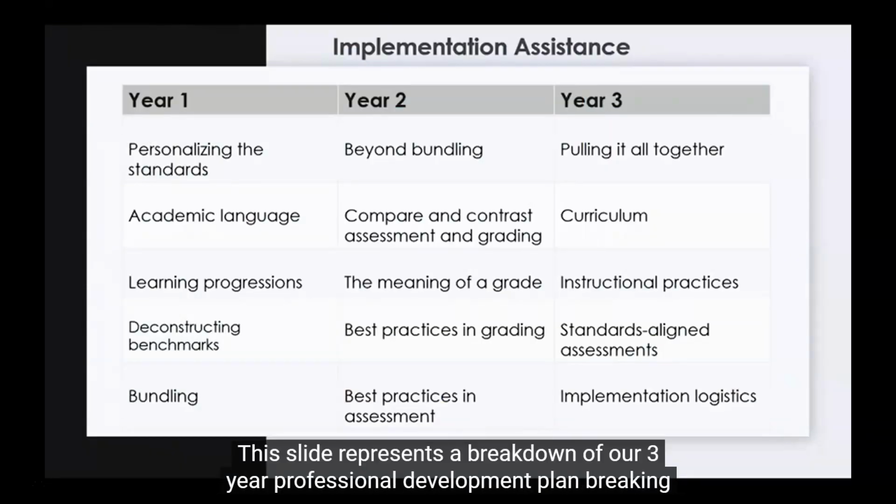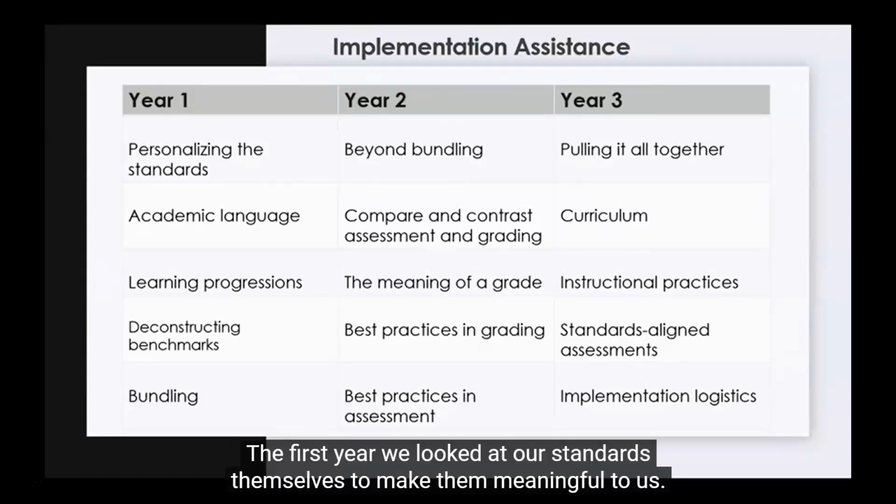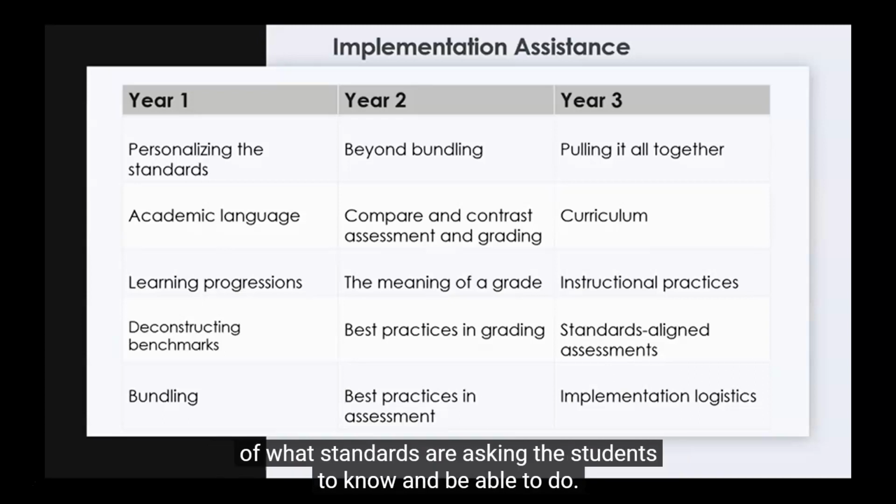This slide represents a breakdown of our 3-year professional development plan, breaking down the visual in the previous slide. We initiated the plan in 2018. The first year, we looked at our standards themselves to make them meaningful to us. We called this creating a shared understanding, so that all of us have the same interpretation of what standards are asking the students to know and be able to do.